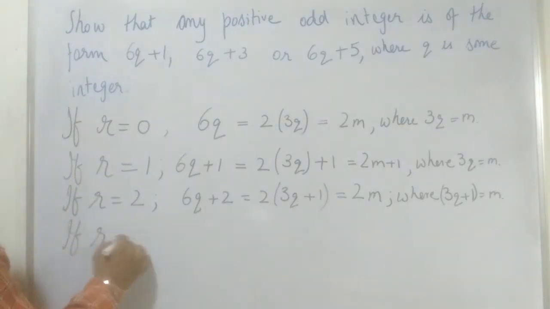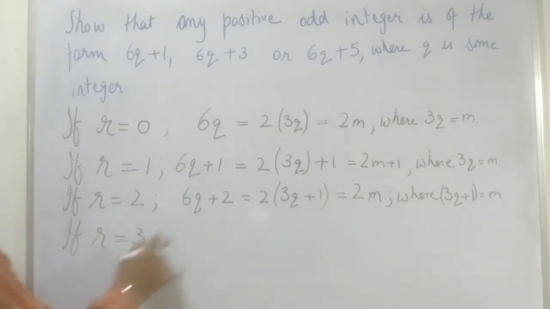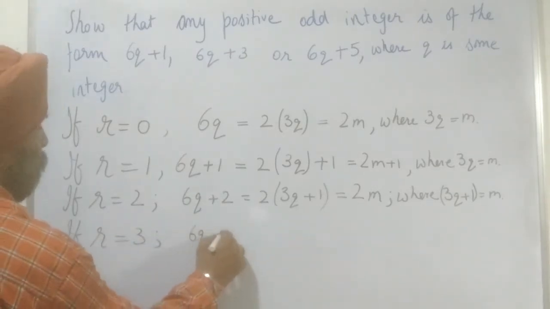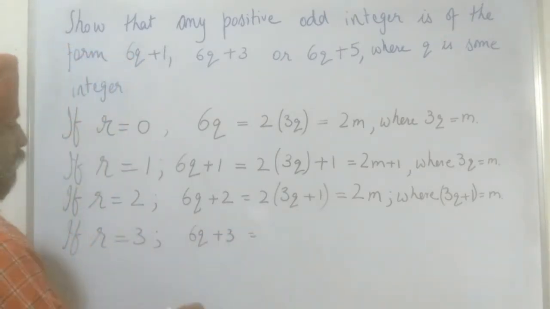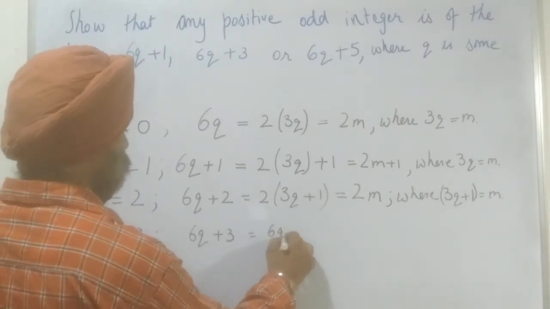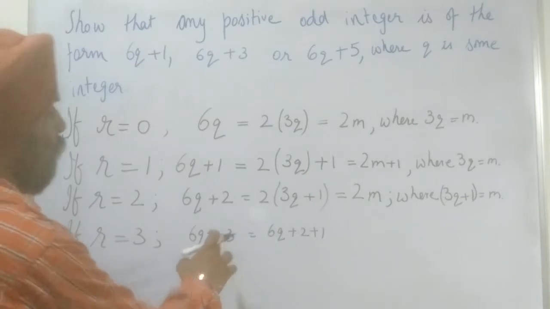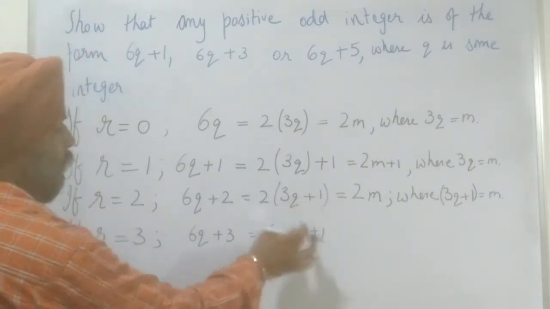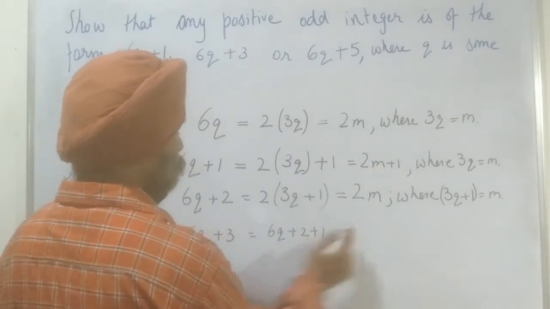Now next condition is r is equal to 3. Now if r is equal to 3, then it will be 6q plus 3. Okay. Now what will happen here? Now let's do this. 6q plus 2 plus 1. We're going to split this 3 because we need a common 2 here like this. Alright. So let's take common out of these two.